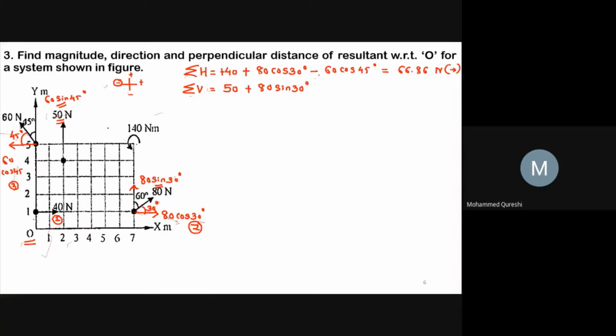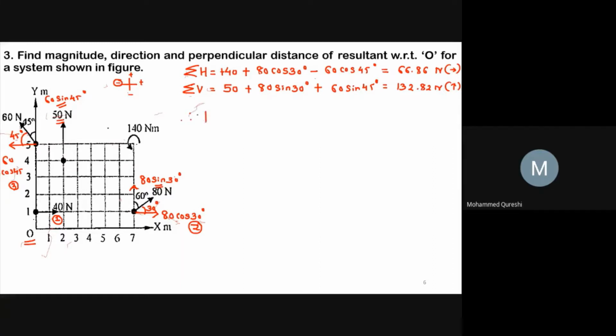It is going upward, hence it will be positive, 60 sin 45 degrees. So after solving, you will get the value as 132.82 Newton positive, therefore upward direction.